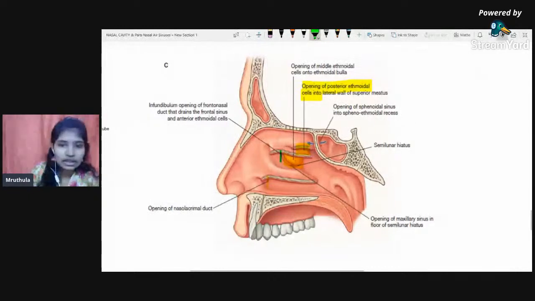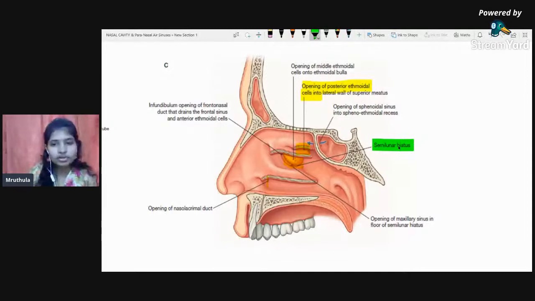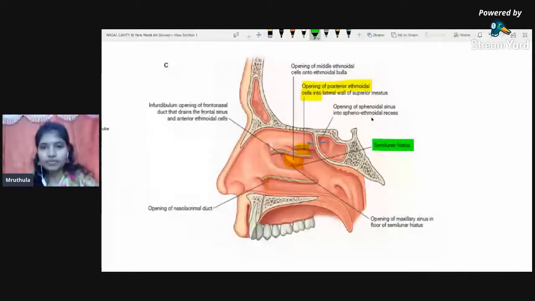That is called the hiatus. The name is Semilunar Hiatus. Semilunar, half moon shaped hiatus, is the semilunar hiatus, and the bulla is just superior to the hiatus. All right, so what are the structures opening into it? We'll see that.